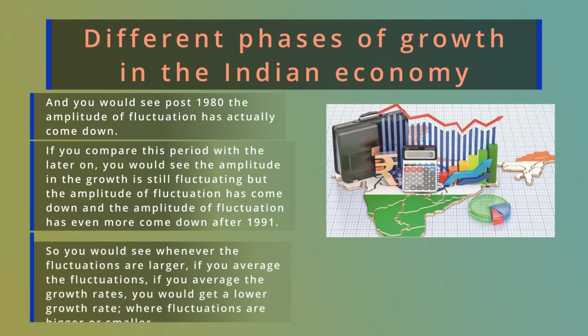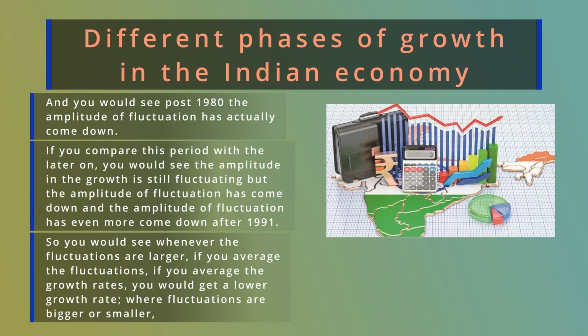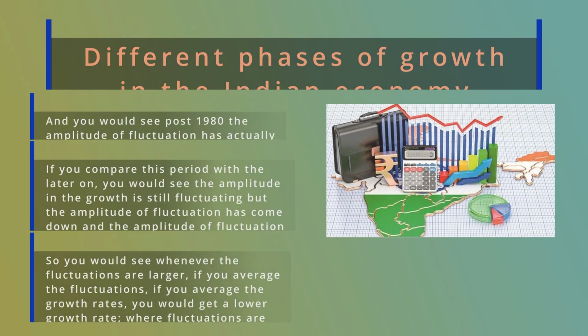So whenever the fluctuations are larger, if you average the growth rates, you would get a lower growth rate. Where fluctuations are smaller, the average growth rate will be higher.